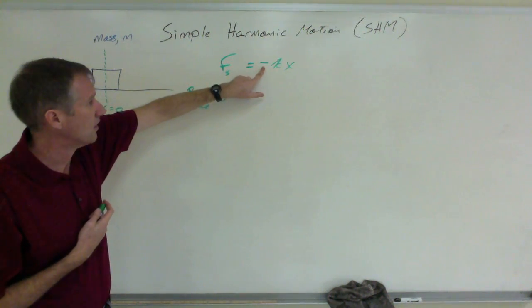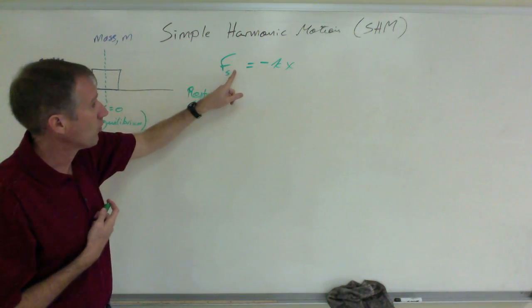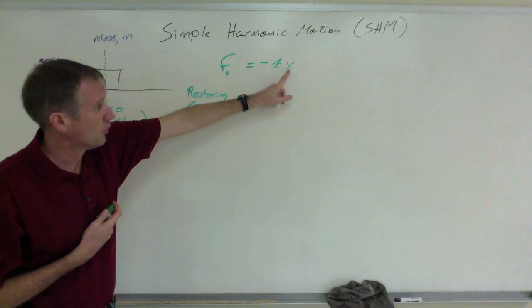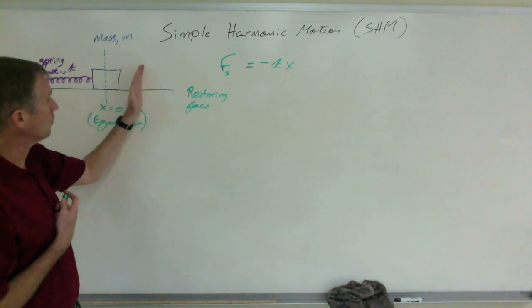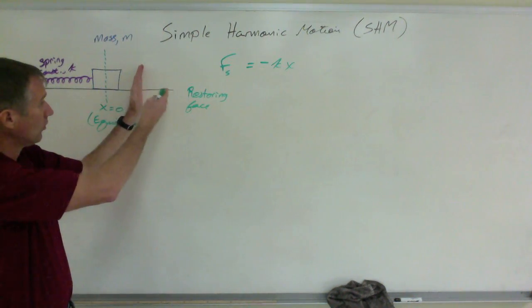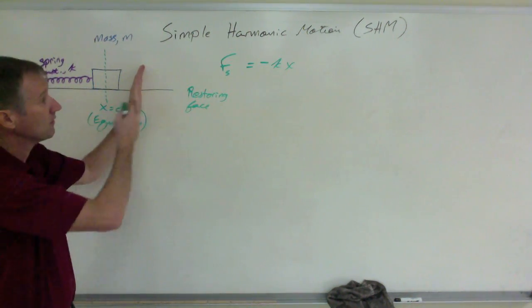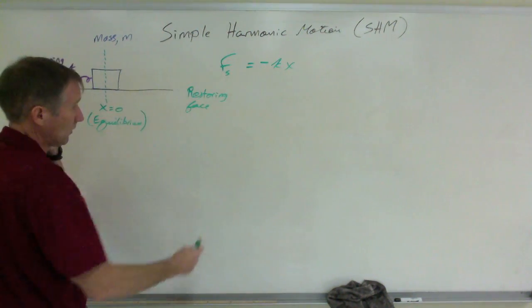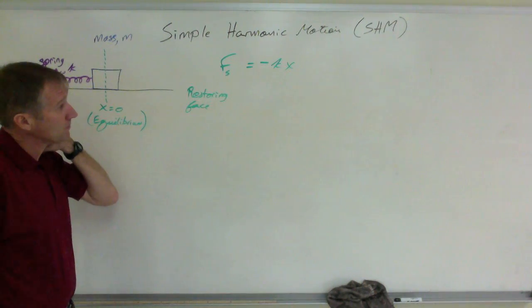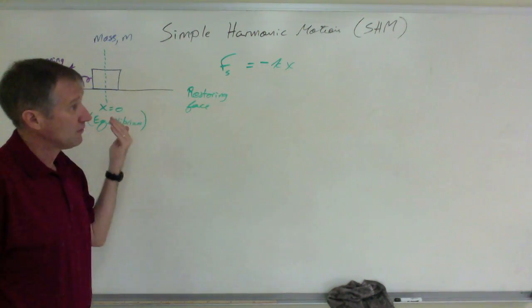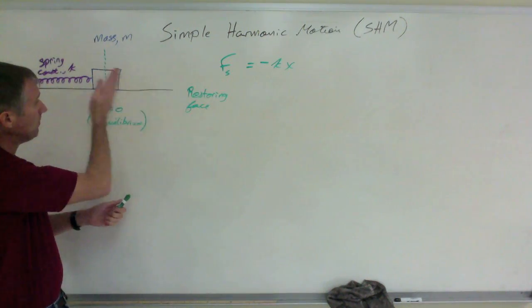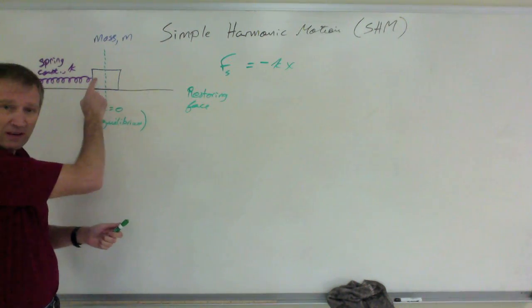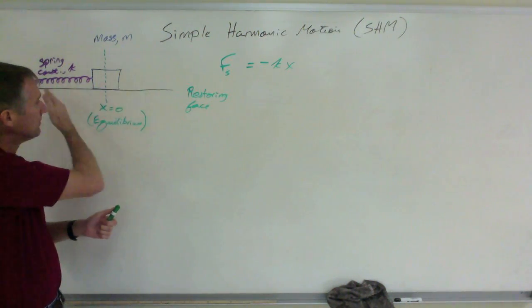In order to put this into harmonic motion, the force is always opposite the direction it's displaced. Again, if I pull this to the right, the spring pulls to the left. Negative sign. K again is the spring constant. If I let it go, it's going to oscillate back and forth, always trying to regain its equilibrium position but passing through it.